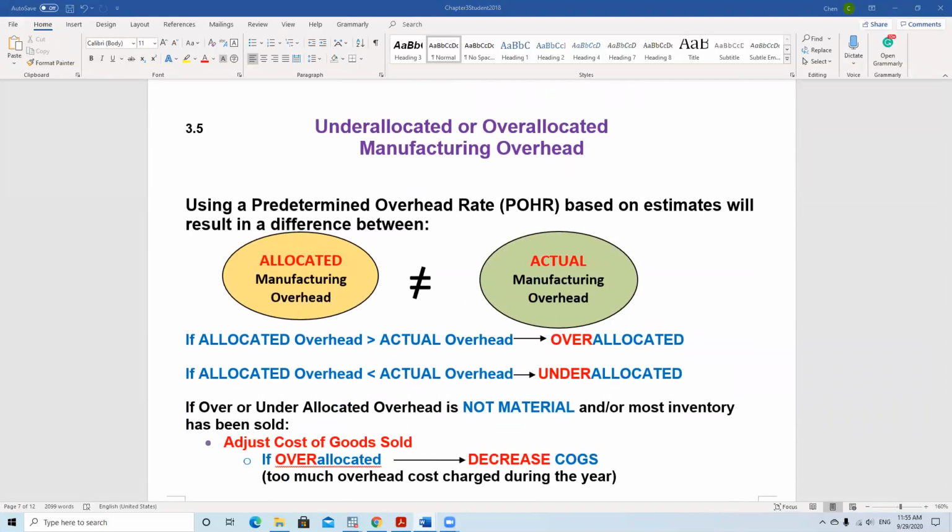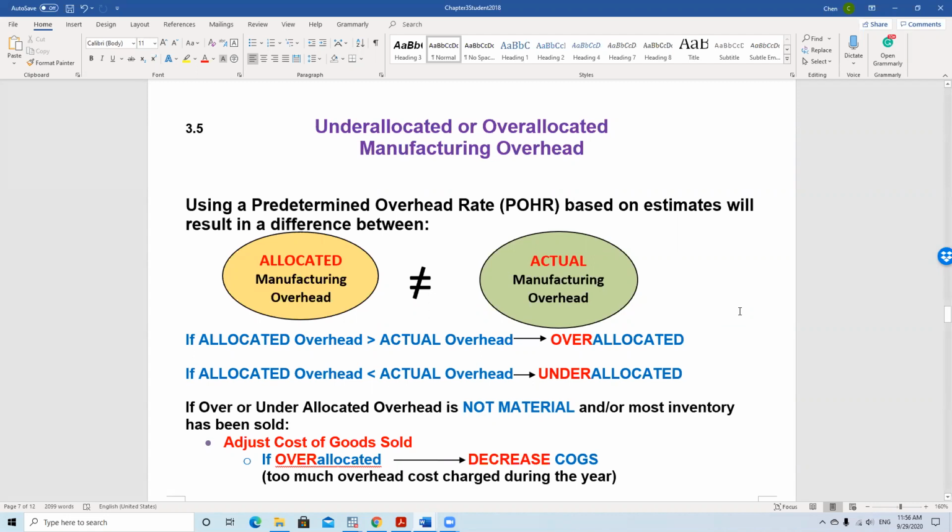So another topic is under allocated or over allocated. And this is also an important question, because your allocated manufacturing overhead is just an estimation based on your estimate at the beginning of the year, and it could happen during the year.